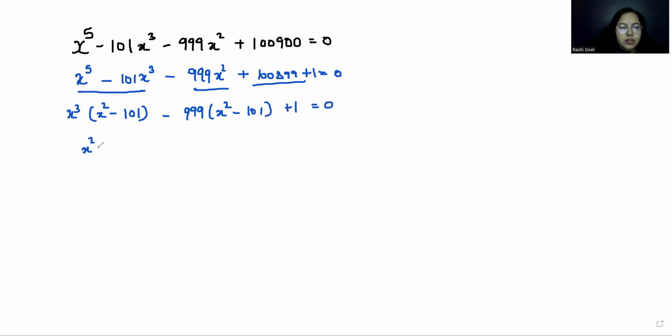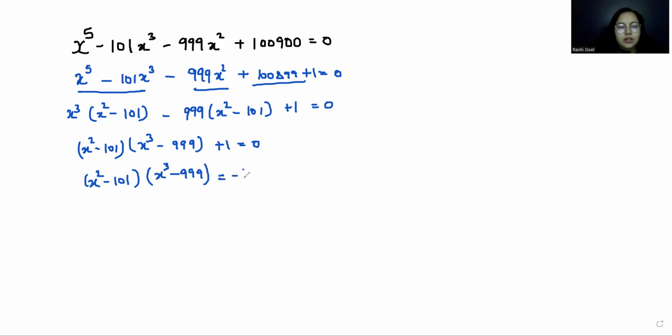Now if I'll take x square minus 101 as common, so x cube minus 999 plus 1 is equals to 0. So x square minus 101 times x cube minus 999 is equals to -1.